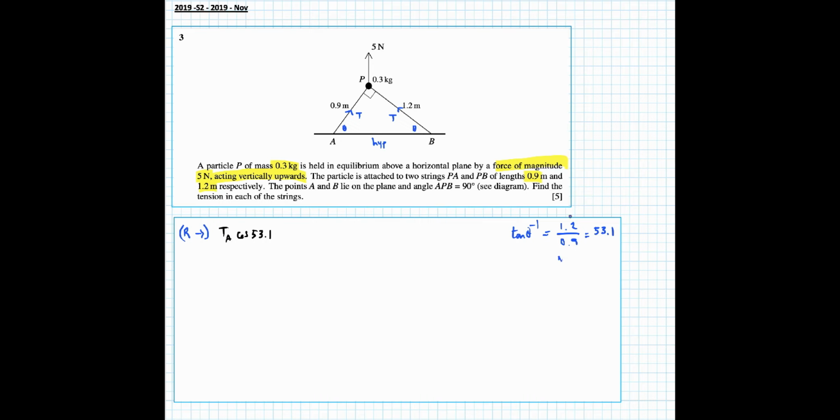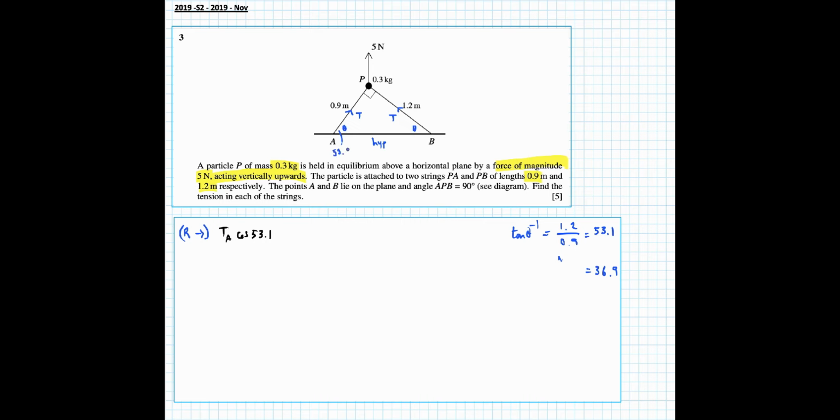So it's 36.9. Maybe I should put in the little details just to make sure.